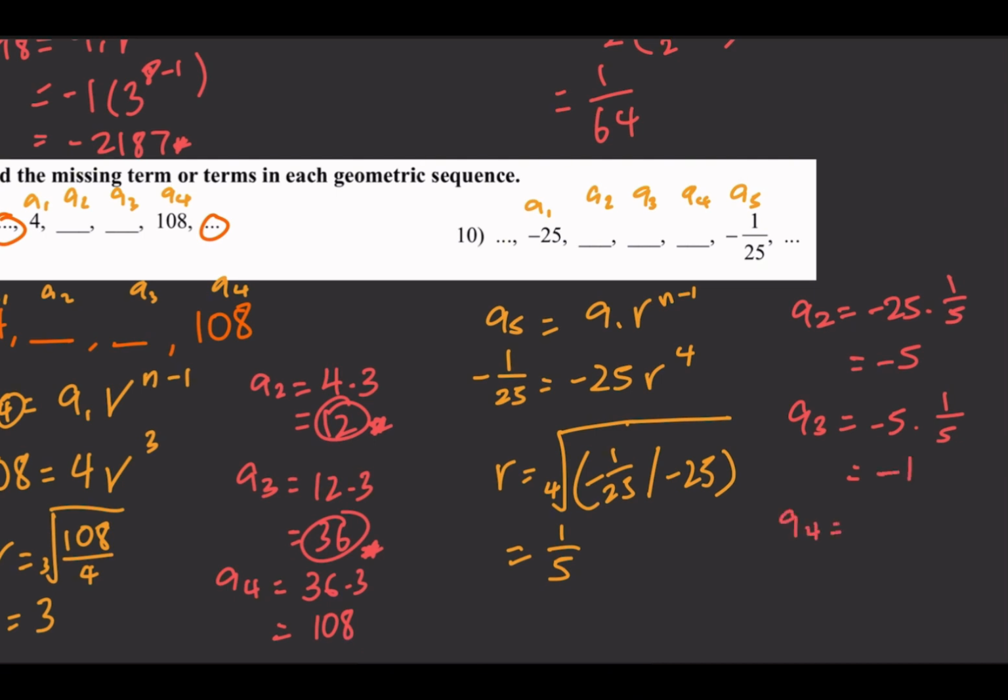A4 equals negative 1 multiplied by 1 over 5, which is negative 1 over 5. And you just want to confirm A5 is negative 1 over 5 multiplied by 1 over 5 equals negative 1 over 25. And that is your answer.